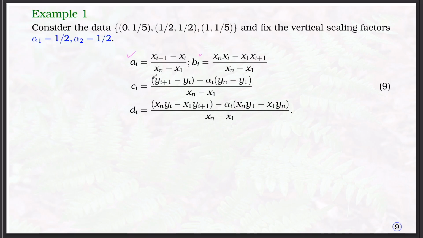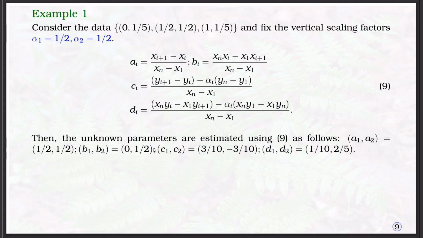So one can get the unknown parameter values as A1 as 1 by 2 and B1 as 0. Just replace the values here. One can get the A1 and A2 values here, B1, B2 values here, C1, C2 values here and D1, D2 values here. Now, what is the IFS? We need to find L1 of x. So, L1 of x is A1 x plus B1, which is equal to 1 by 2 x plus B1, which is 0.